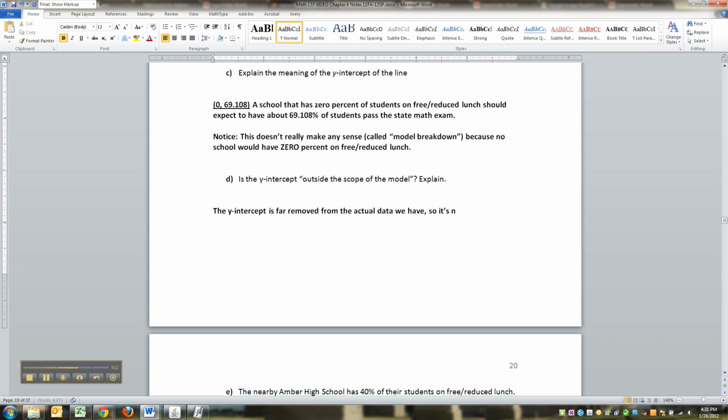So it's not appropriate to make predictions for an x value, i.e. a free reduced lunch value, that is that low, right? The lowest we had in our actual data was, I think, 18.